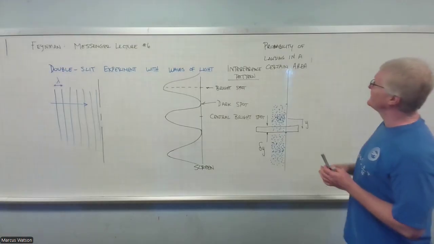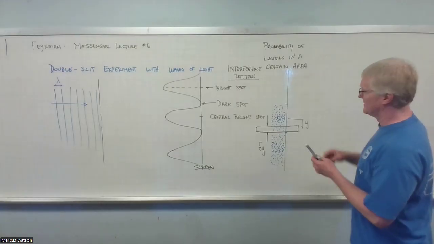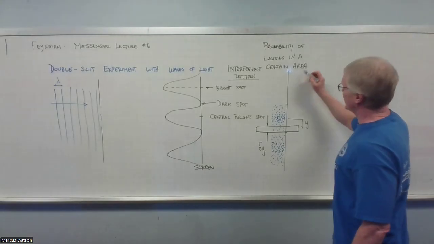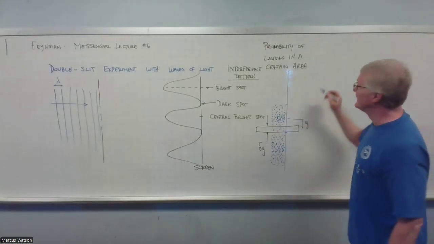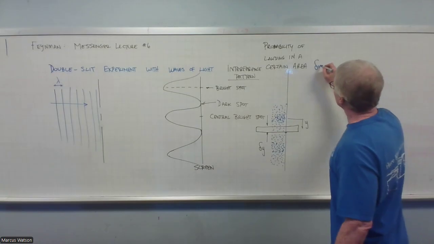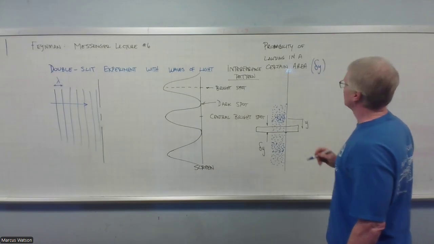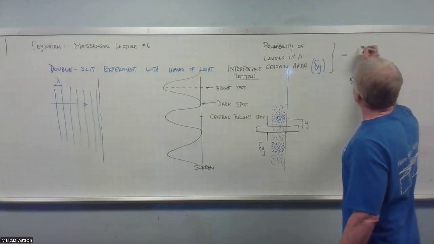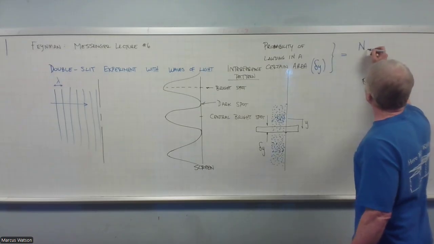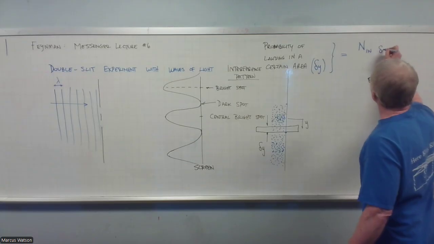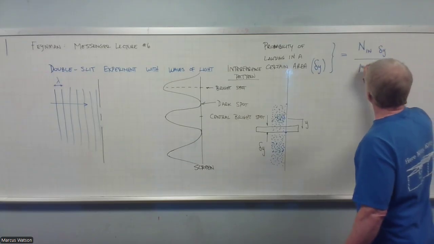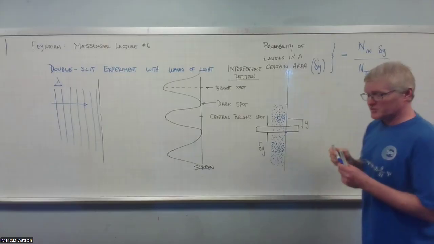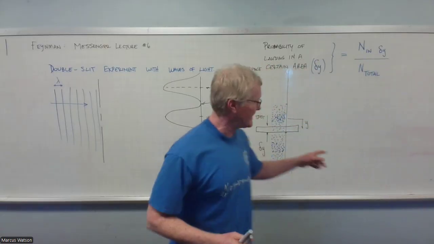Therefore, the probability of landing in a certain area of width delta y is related to the number that landed in there divided by the total number. So that is how many photons actually landed in this strip.